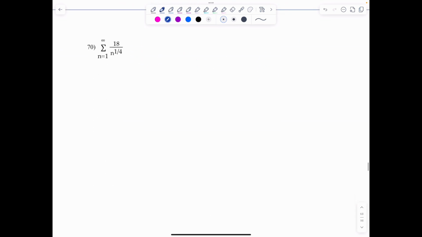Okay, here we have the sum n equals 1 to infinity of 18 over n to the 1/4. Now, you can reference known p-series and geometric series without having to go through and prove that they converge. And this is identical to a p-series.